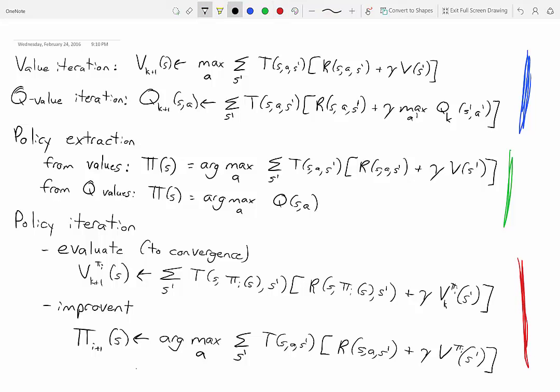Okay, so first let's talk about value iteration. What value iteration does is it starts off with all the values initialized to 0, and then it iteratively goes through, and for iteration, should be a k there, at V k plus 1, we update the value to be the maximum action over the sum of considering all next states s prime, the probability of that transition, the reward, plus the discounted value of the next state.